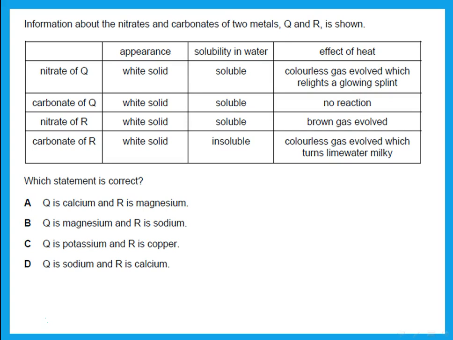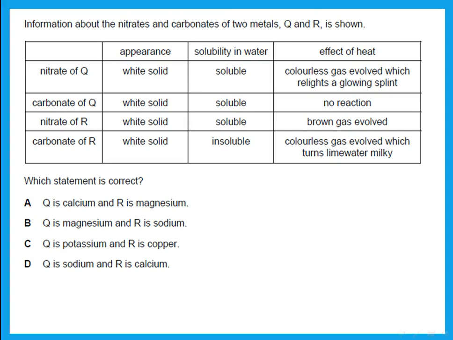Okay, solubilities, let's keep solubilities aside for now. Effect of heat. Remember, when we're talking about heating nitrates, nitrates of group 1 will give nitrite plus oxygen, while nitrates of any other group will give oxide plus nitrogen dioxide plus oxygen.